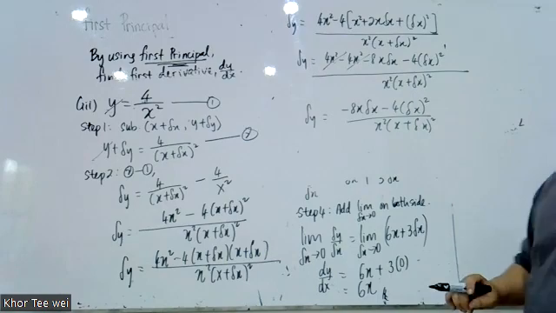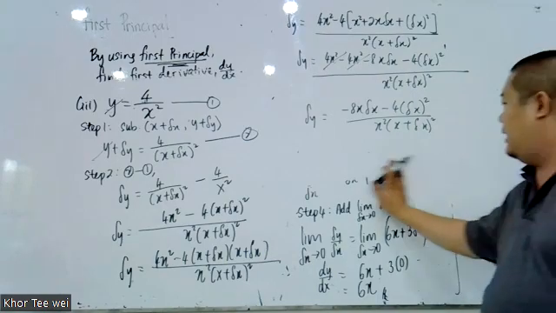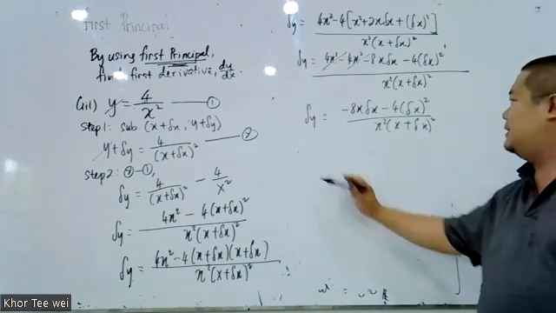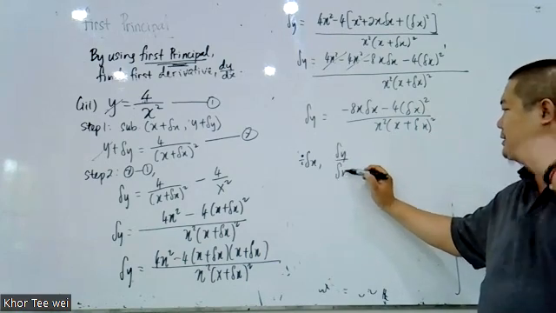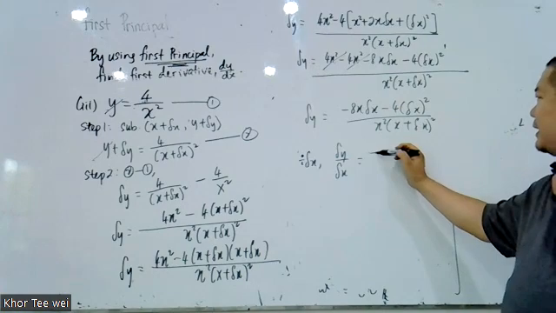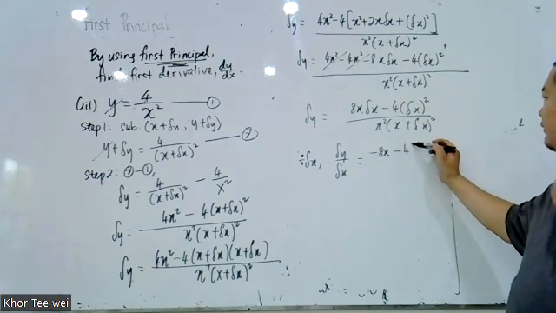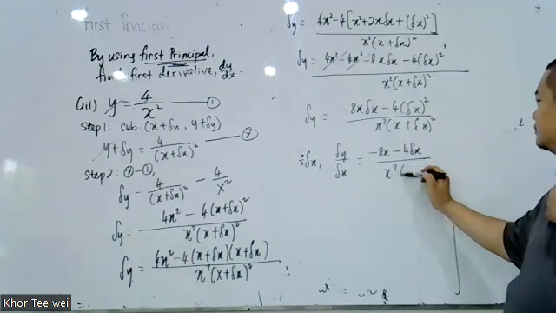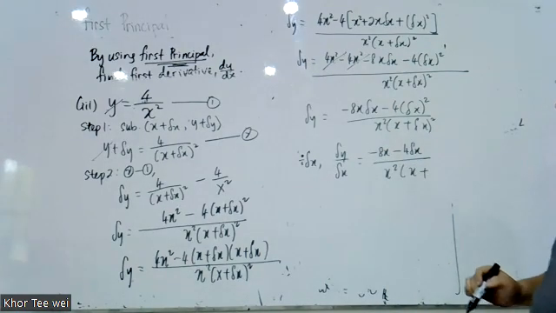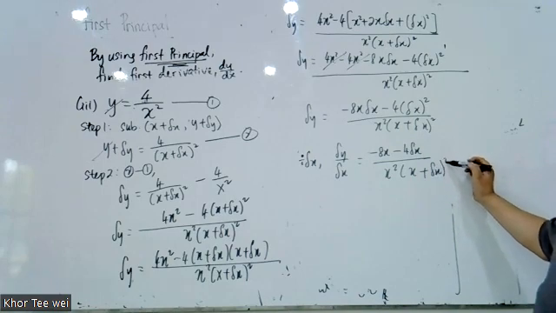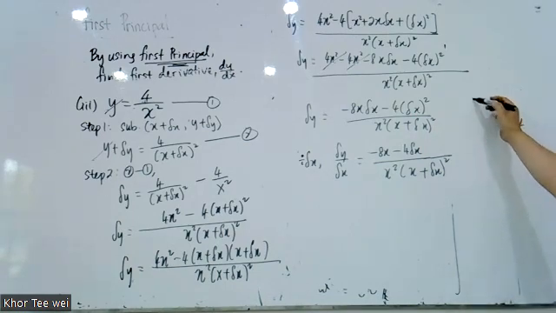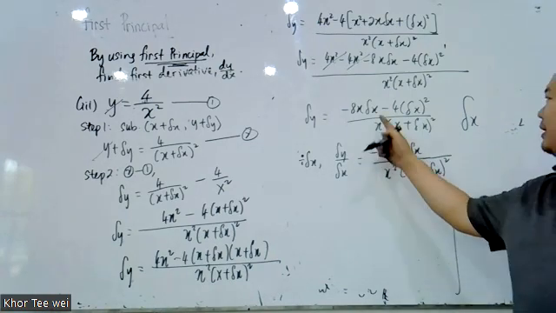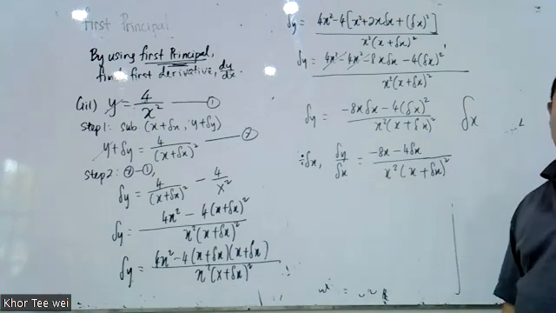And after that, our next step is to divide by delta x. So delta y over delta x. This one divided by delta x, this one divided by delta x, because both sides.